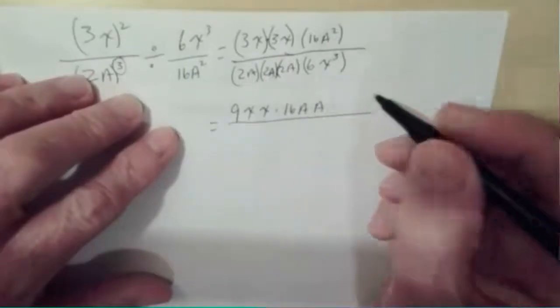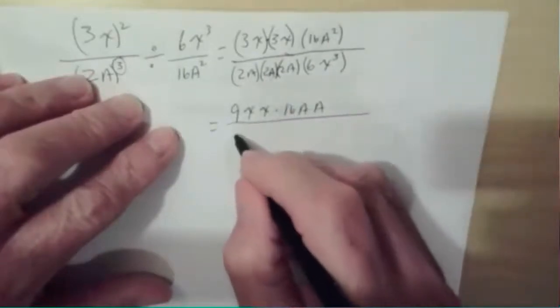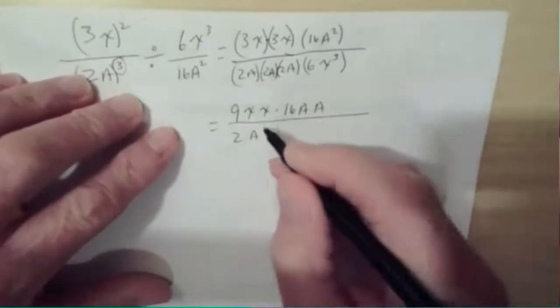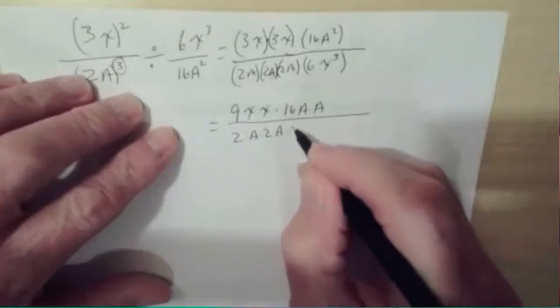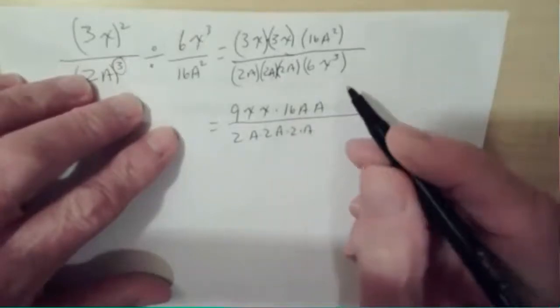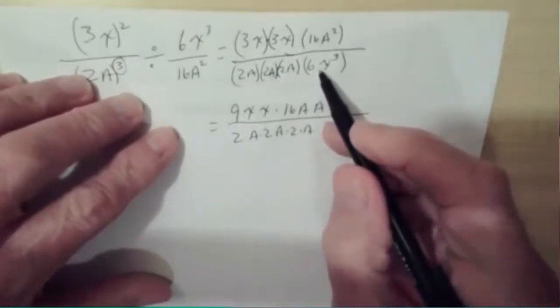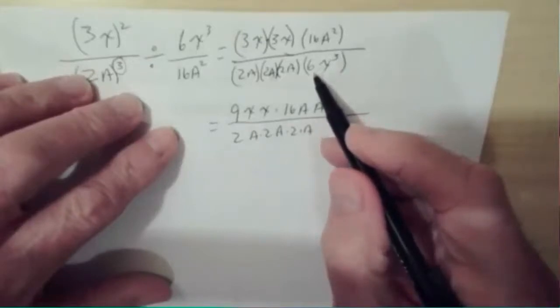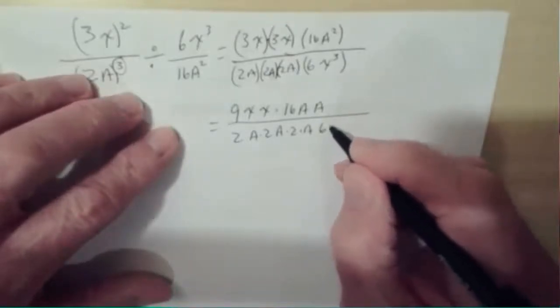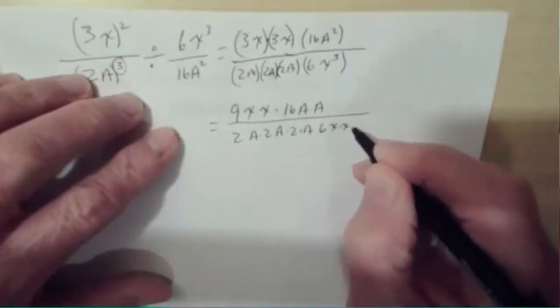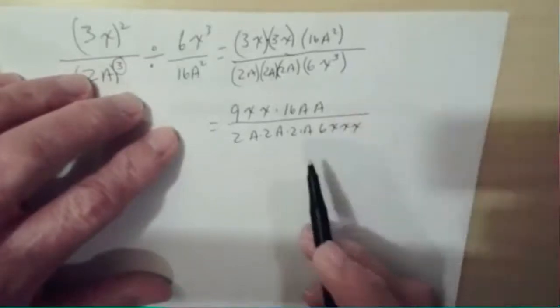This one is 2 times a times 2 times a times 2 times a. And what do we have here? 6x cubed is 6x times x times x. You can do it like this if you want, or you don't have to.